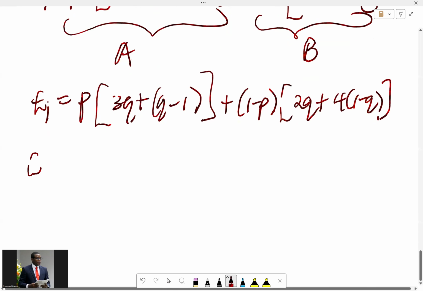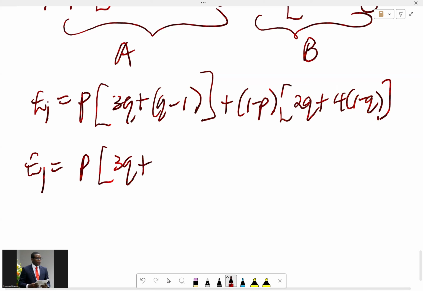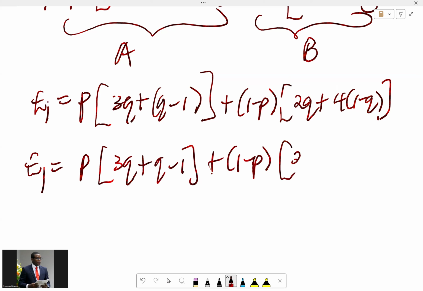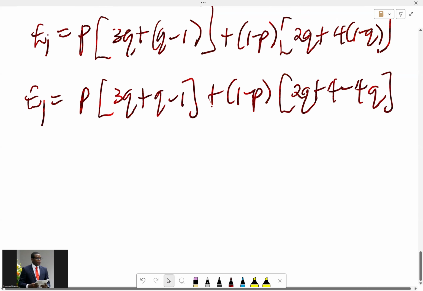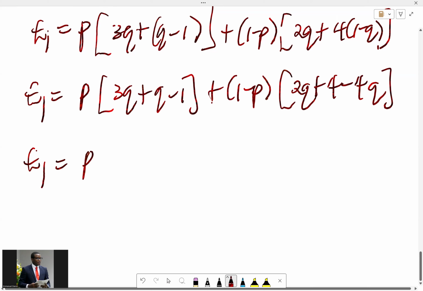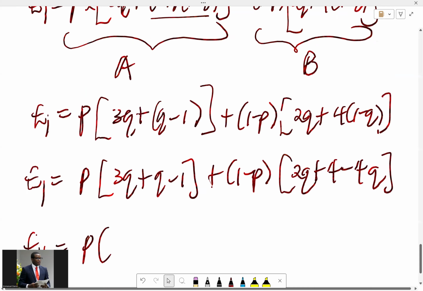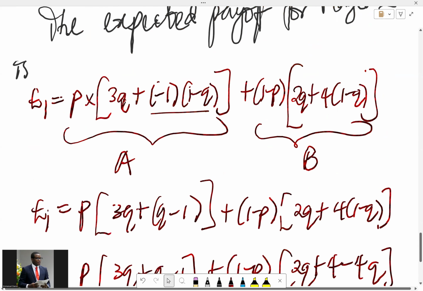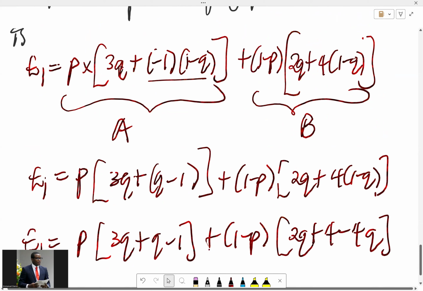So we can continue tidying up. E1 is P into 3Q plus Q minus 1, plus (1 minus P) into 2Q plus 4 minus 4Q. We have to be careful here.